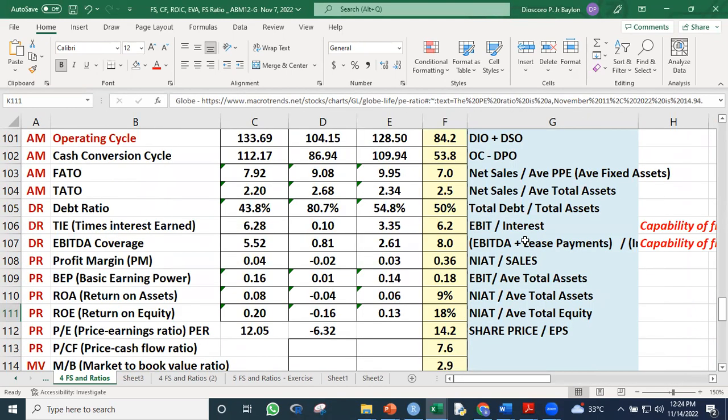Ayan. So what did we find out, class? Sinong pinakamahal? Pinakamahal si Globe, di ba? Globe is 14.94, Smart is 4.91, and PLDT is 9.82.